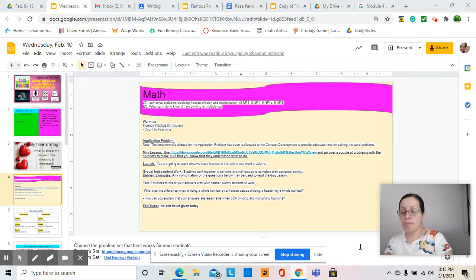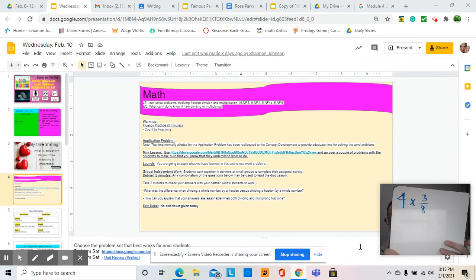We've also talked about what if you're multiplying a fraction by a whole number. So let's say 4 times 3/8. Okay? So 4 times 3/8. This also could be written as 4/1 times 3/8.